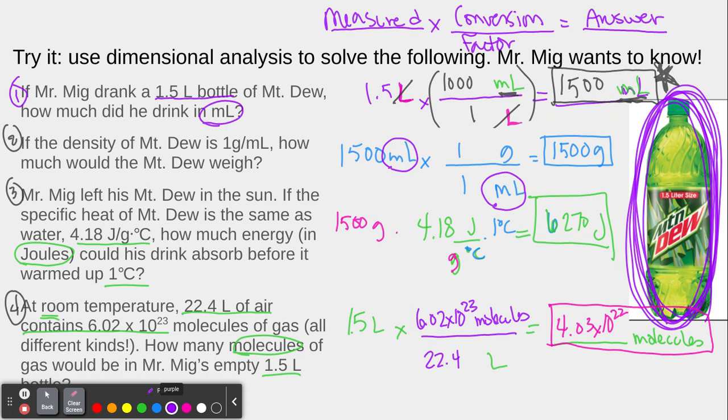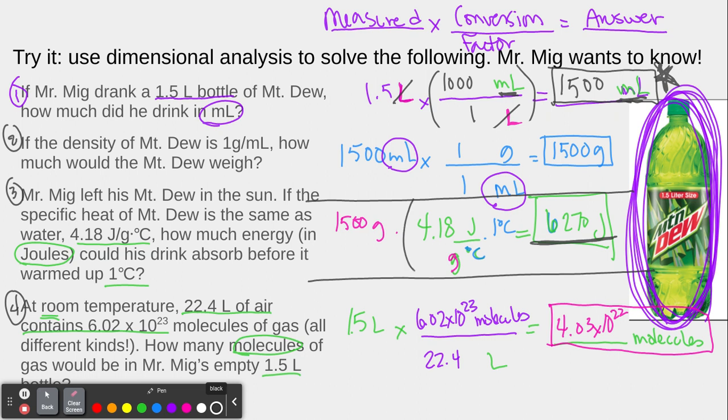That's the same for number 3 here, which looks really complicated, but all I did was I took the thing that I wanted. I know I want joules in the end. I took my conversion factor in the middle here, and I just lined up grams on top to get rid of grams on the bottom.